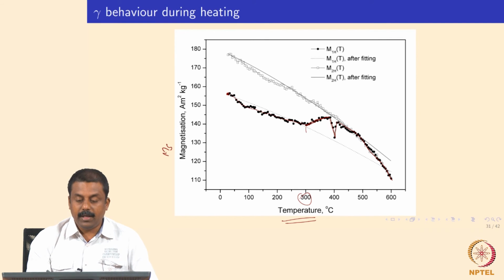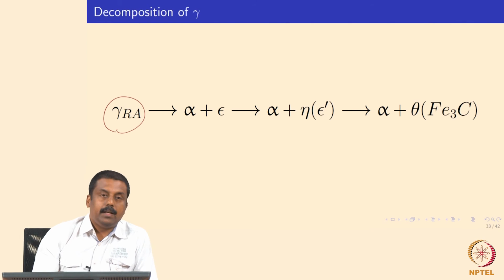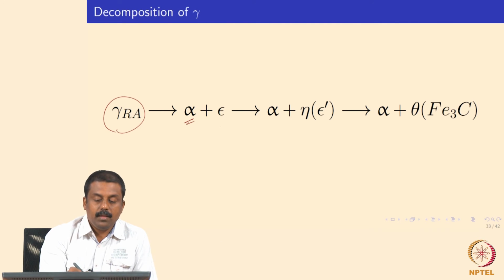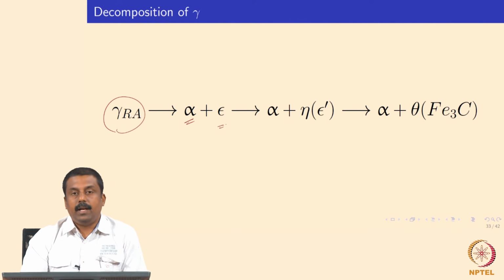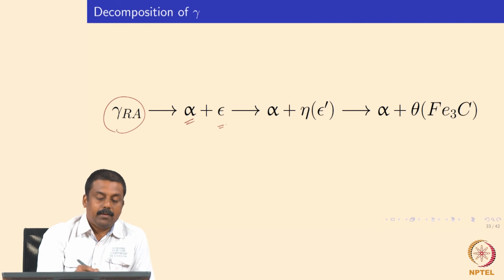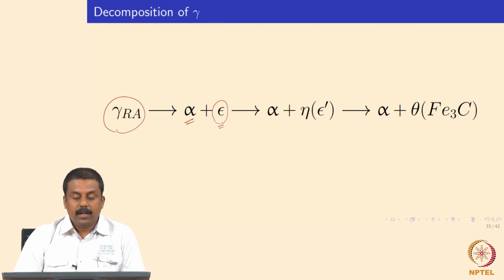So what happens when you heat up the retained austenite containing microstructure is that the retained austenite present in steels is transforming into a mixture of ferrite and iron carbides in the steps described in this equation. First, retained austenite is transforming into ferrite and epsilon carbide. Epsilon carbide is another transient carbide you would expect when either austenite or martensite is tempered.